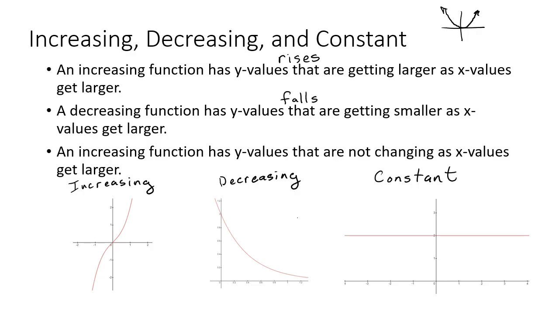And so our goal is going to be to describe where a function is increasing and decreasing. And this trips a lot of students up at the beginning because here's the thing. Although increasing, decreasing, and constant describe what is happening to the y values, they're getting bigger, they're getting smaller, or they're not changing, you describe where the function is increasing, decreasing, or constant based off of the x values, the domain.